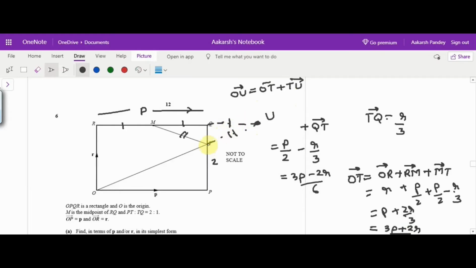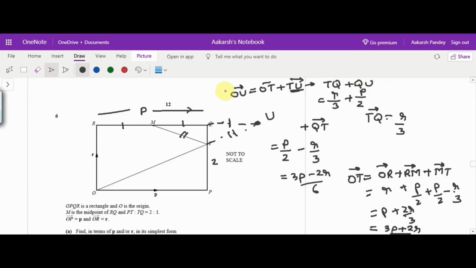I can write TU as TQ plus QU. So TQ is R by 3, plus QU is nothing but the same as MQ, which is P by 2.